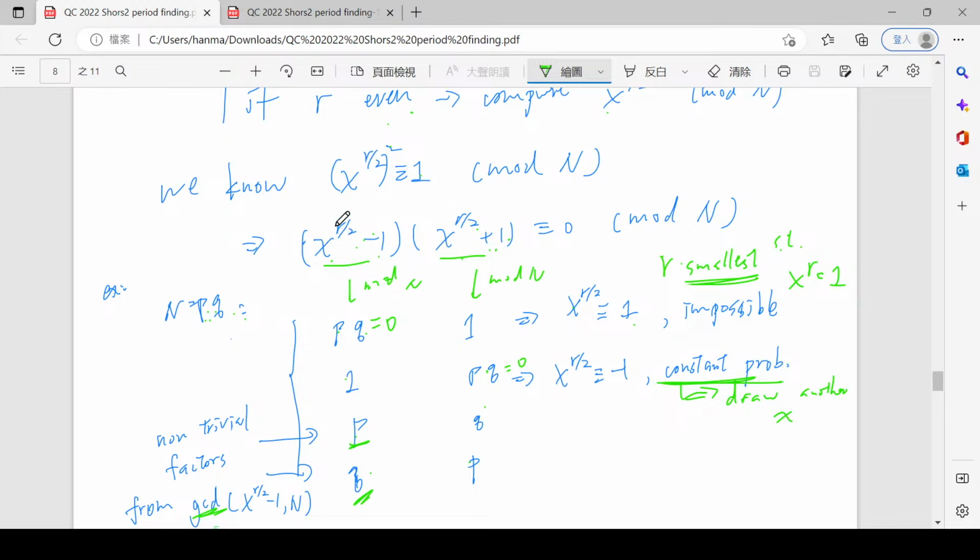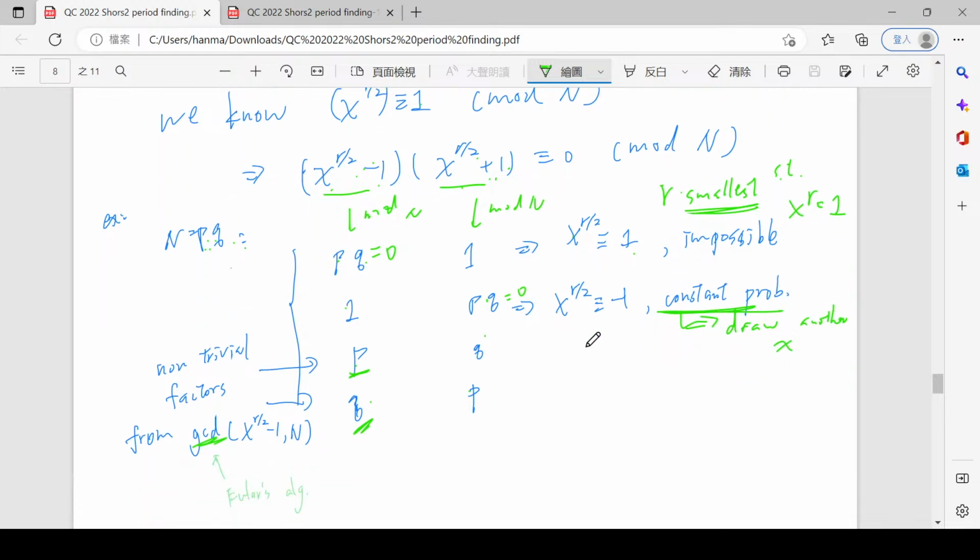If x to the R over 2 plus 1 is 0 mod n, then this is a bad case, and you just draw another x once again.